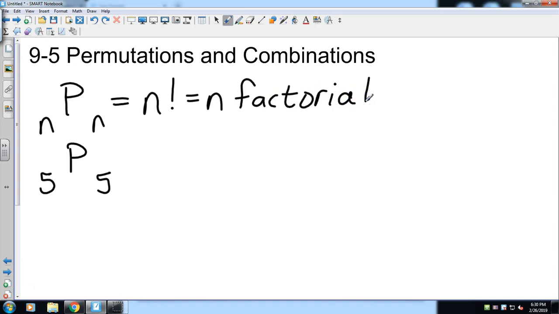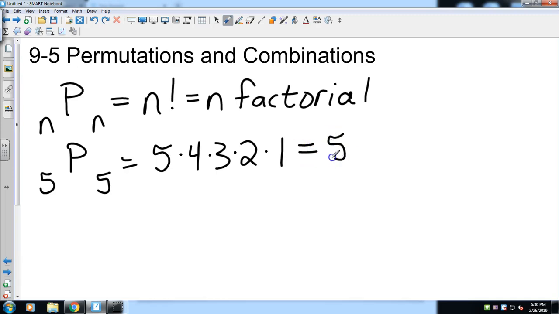What a factorial is, I just take, starting with the number 5, and once I have selected one item, then for my next selection I have 4 to choose from, then I have 3 to choose from, and all the way down. You can include the 1 or not because it's just going to be multiplication. But this is the same thing as 5 factorial, which means 5 times 4 times 3 times 2 times 1.